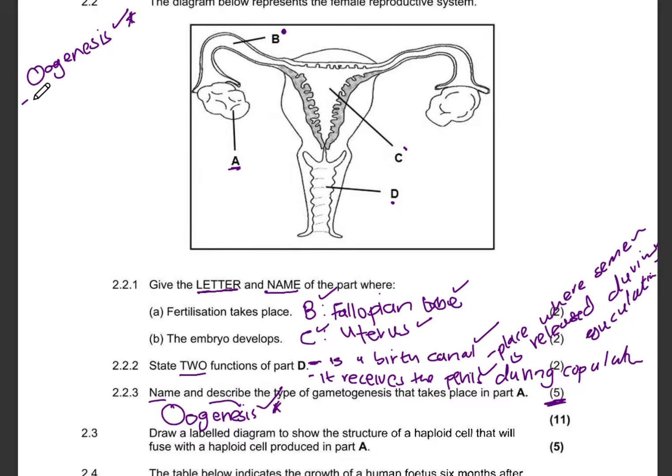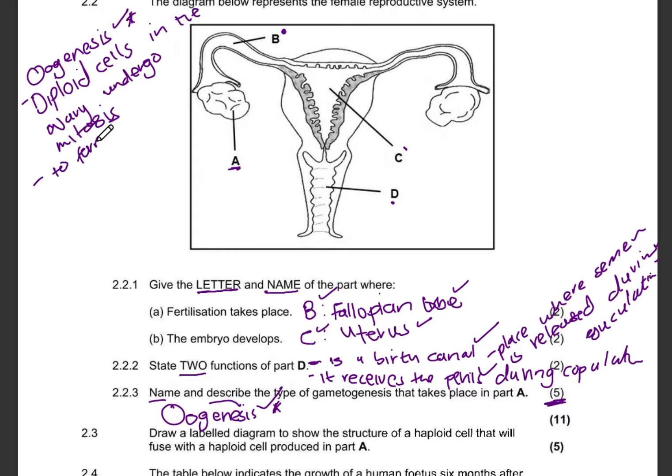Now, when you describe the process, you obviously need to talk about the diploid cells. These diploid cells are first going to undergo mitosis. So the diploid cells in the ovary will undergo mitosis first, and they will undergo mitosis to form numerous follicles.